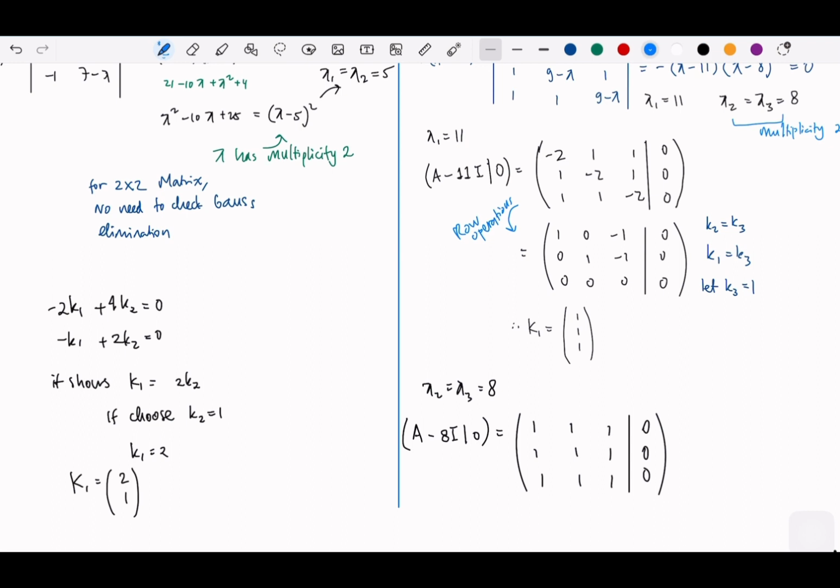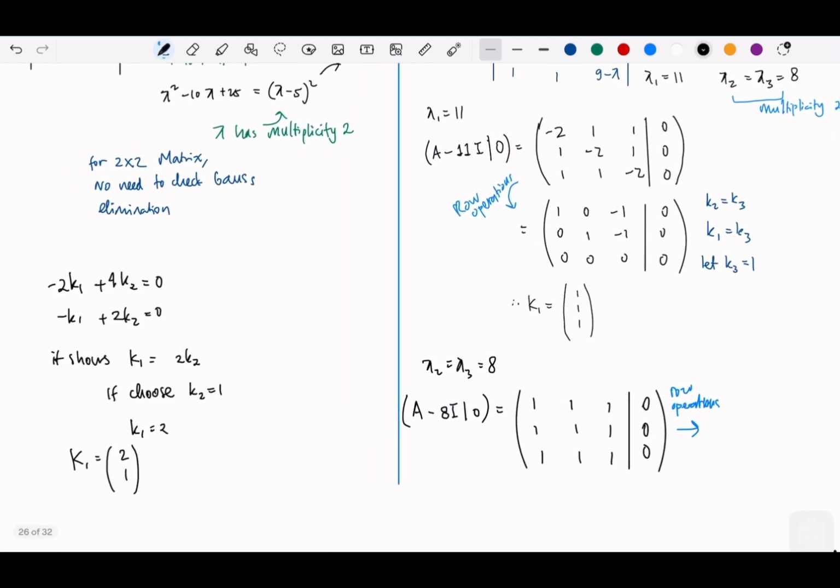So by the row operations, we get this will still be 1, 1, 1, and I will just operate the second row and the third row with each other, which we are going to see that each one of them becomes 0. Okay?